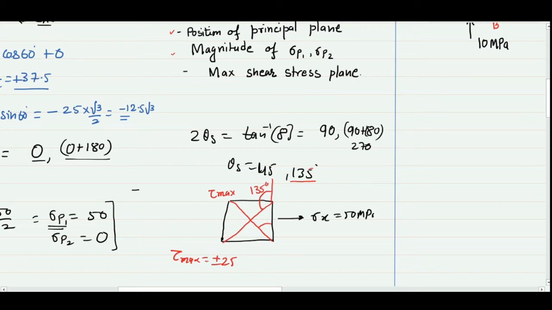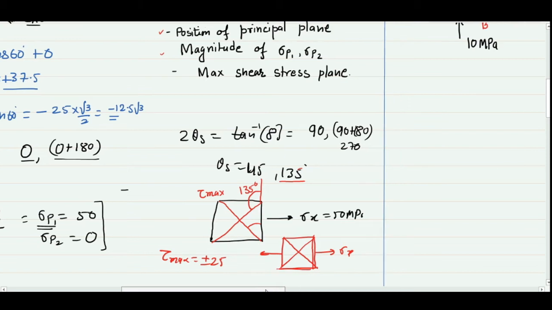Please remember, in case of only one normal stress acting along the x direction, the two diagonals of this square stress element represent the maximum shear stress planes, and the two sides of this stress element become the principal planes corresponding to the two principal stresses.